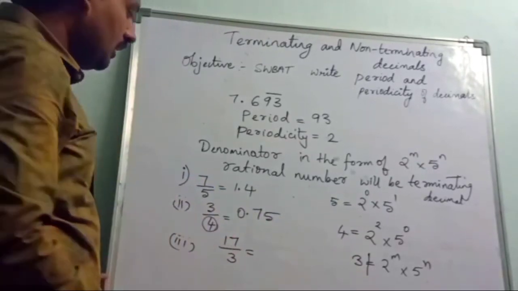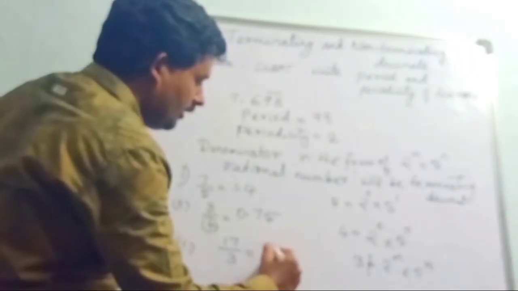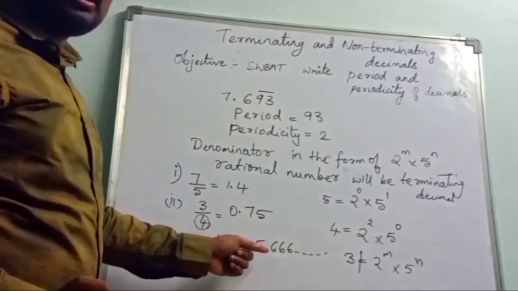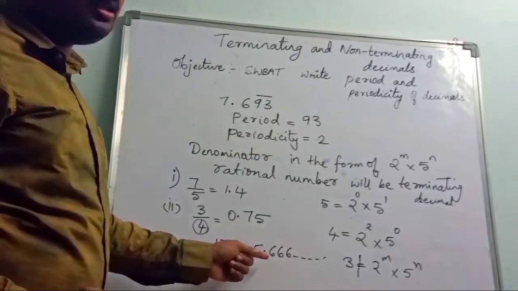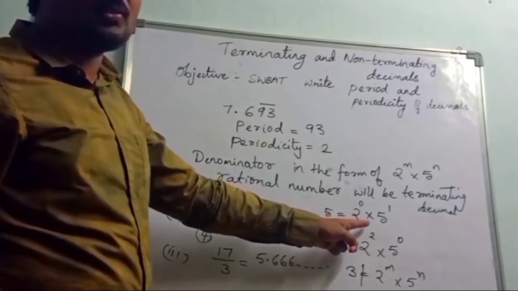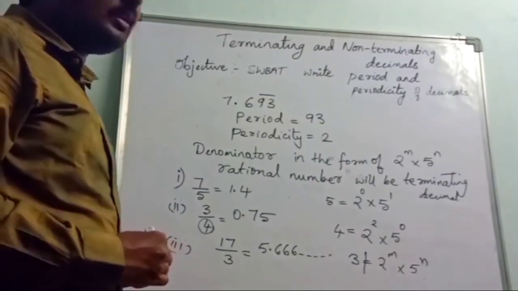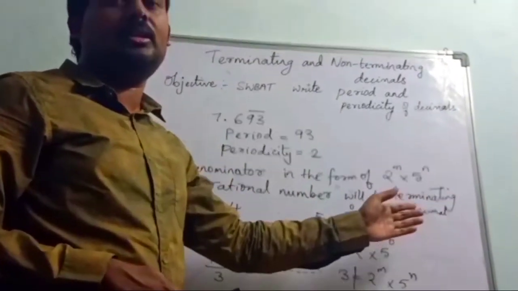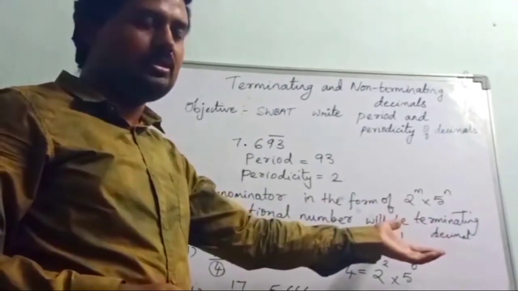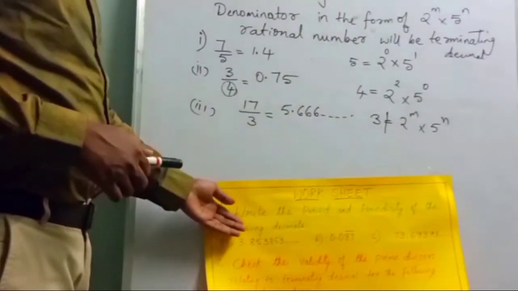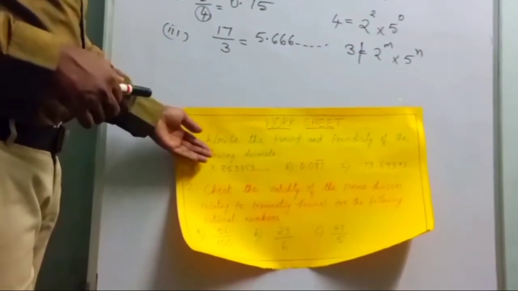So what is the value that we get? 5.666 repeating. That means is it a terminating decimal? No, it is not a terminating decimal. So if this rule is satisfied, we can clarify whether the rational number is a terminating decimal or non-terminating decimal without doing the actual division.